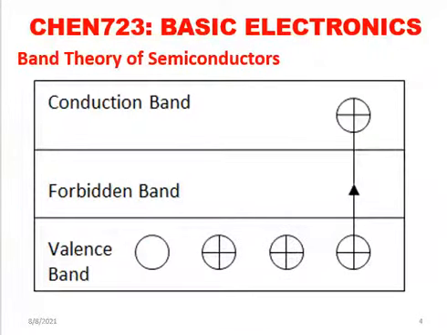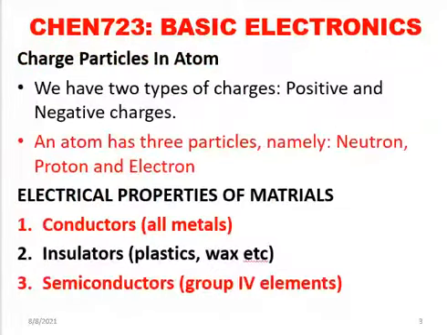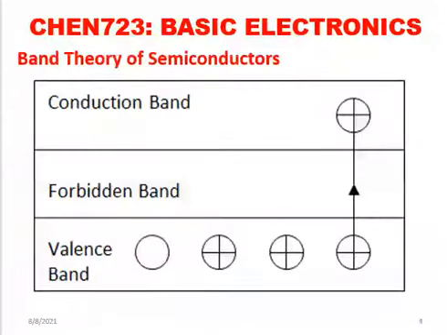Now, let us look at what we call the band theory of semiconductors. The semiconductors, as you can see from here, are group 4 elements like carbon, silicon, germanium, tin, and all the members of group 4. They have a property in which they form what we call covalent bonding.